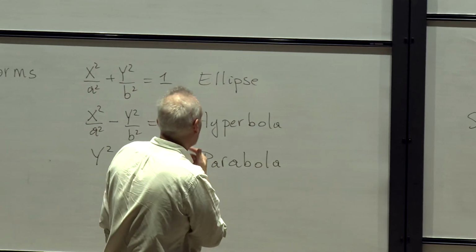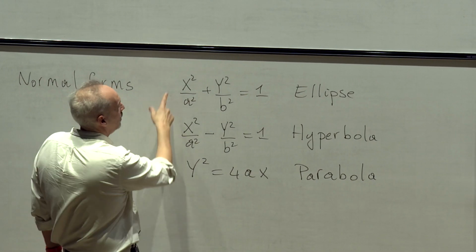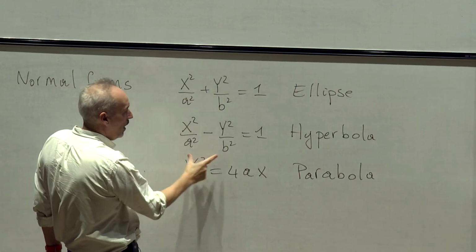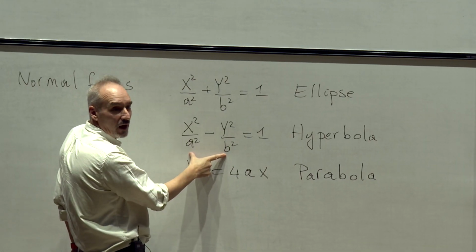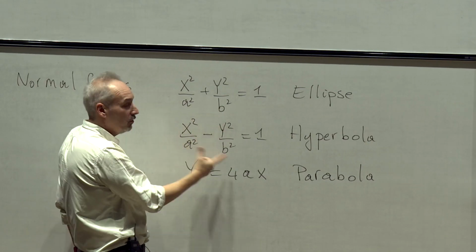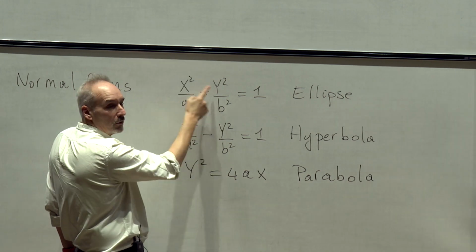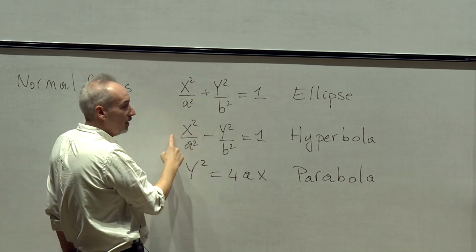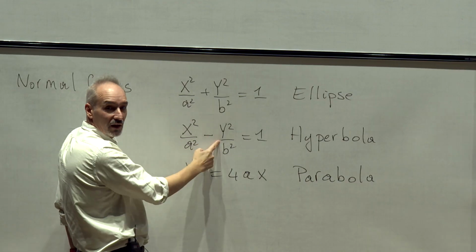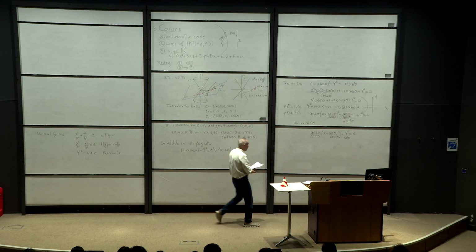That's just a translation to put the axis in the middle of the ellipse. So it has exactly this form or this form, depending on the respective sign of the coefficient in front of x and y. It doesn't matter which one it is. Here the two signs in front of the square are positive, and here the product of the two signs is negative. Okay? So we have two cases.